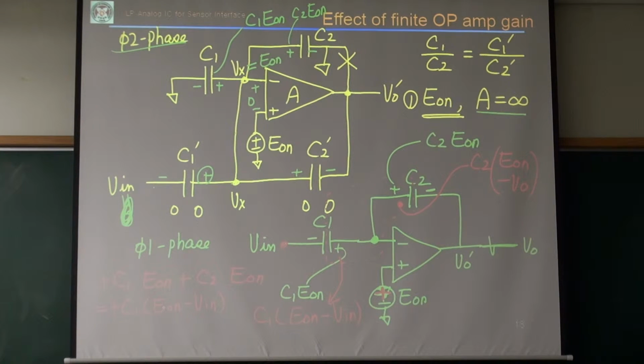Sum of charges inside this one is Eon, right? Yeah, this is C2 Eon minus Vo. If my Eon changes very slowly, I have just a simple expression.